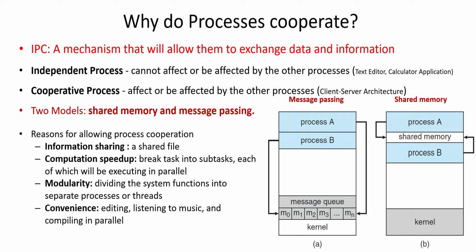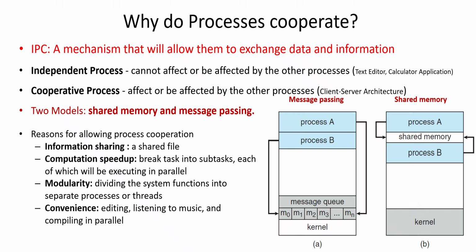A large system can be divided into separate processes or threads. Each process can perform a specific function. A fourth reason is convenience. As users, we may edit a document, listen to music, and compile a program at the same time. Different processes can handle these activities. Now, there are two types of processes that we should remember. An independent process cannot affect and is not affected by other processes.